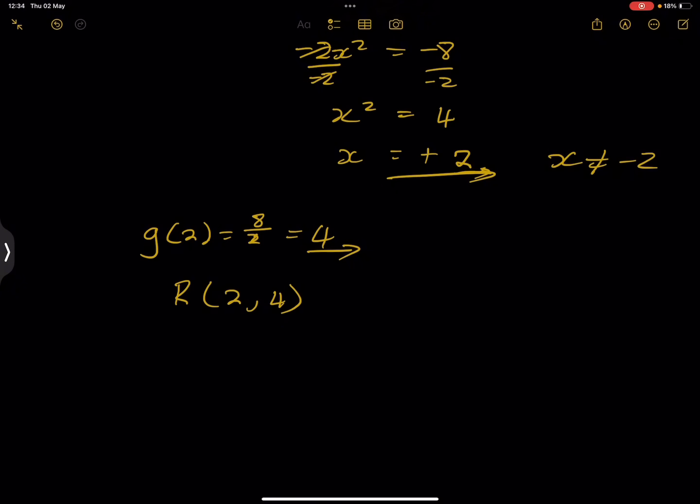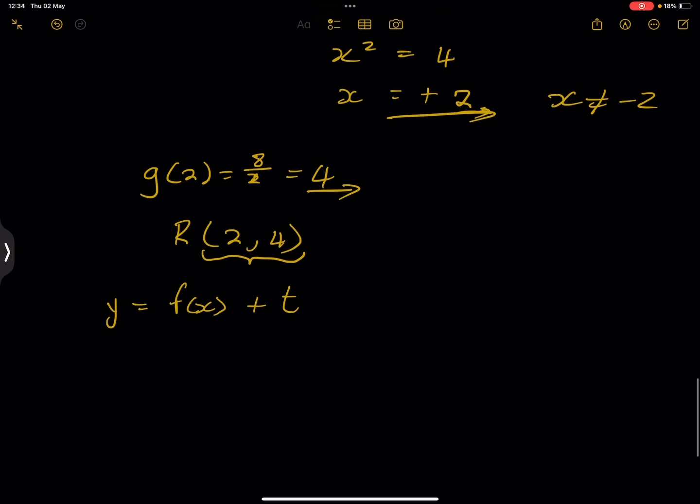So we wanted the value of t such that y is equal to f of x plus t, right? So now we know what x can be, we know what y is at that point R there, right? So let's first write down f of x.